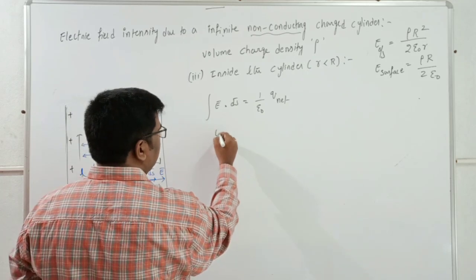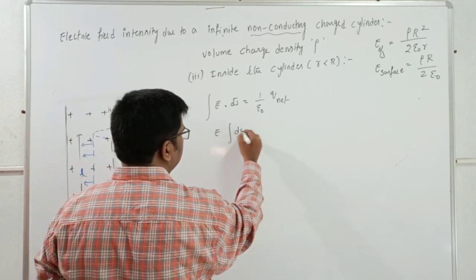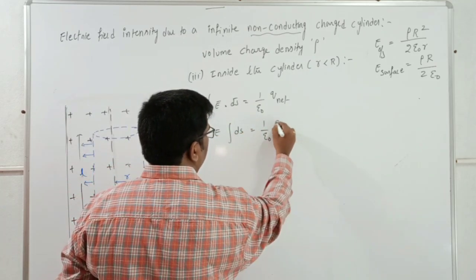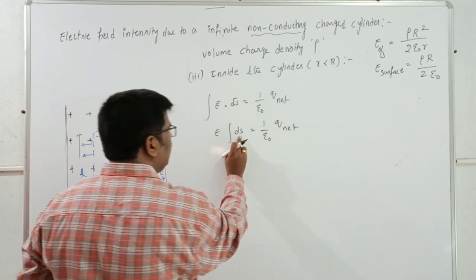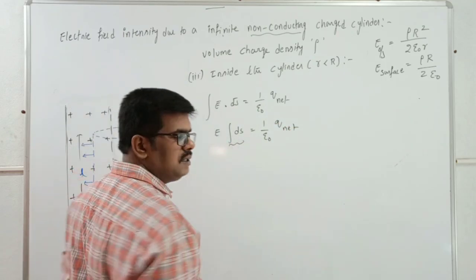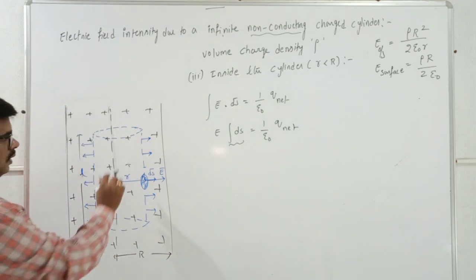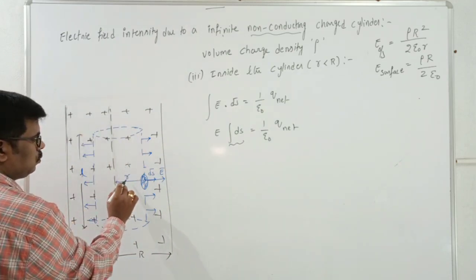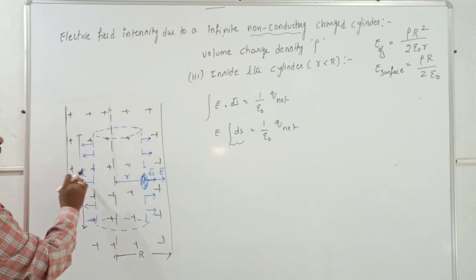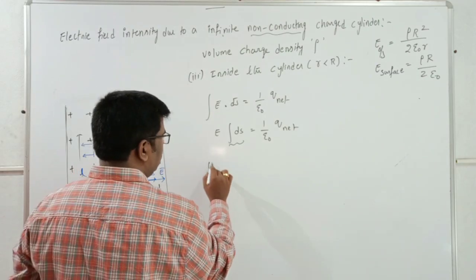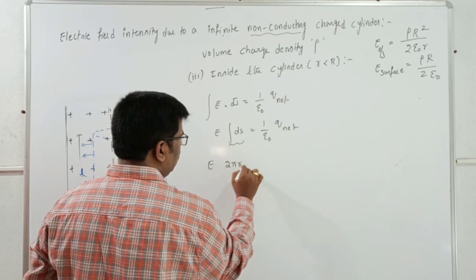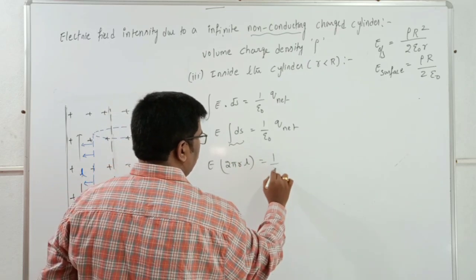So E we can take common, integral E dS equals 1 by epsilon naught q net. So integral dS means area of the Gaussian surface. Here area of the Gaussian surface is its perimeter 2 pi r into length L. So E into 2 pi r L equals 1 by epsilon naught.